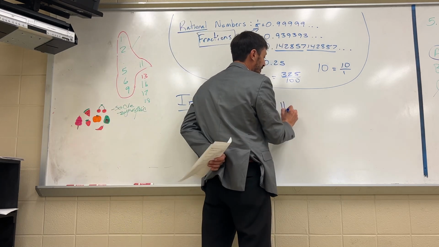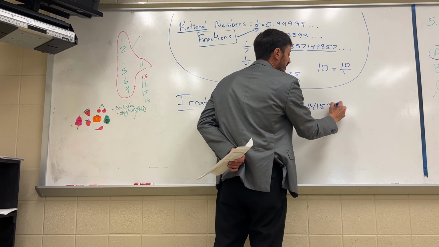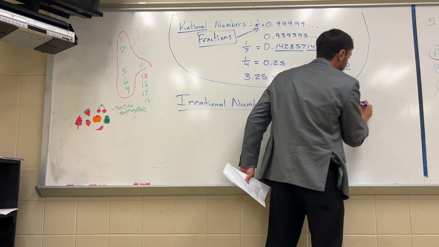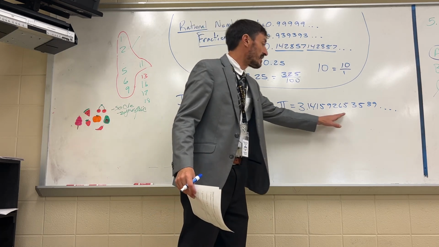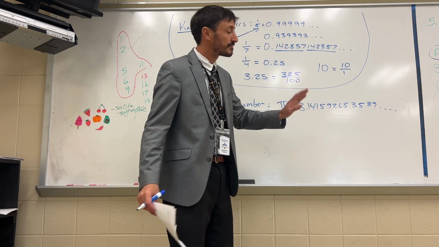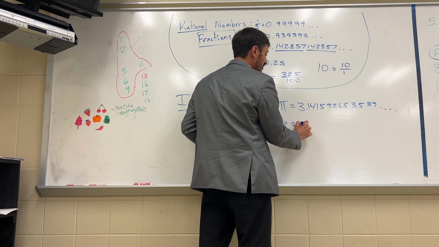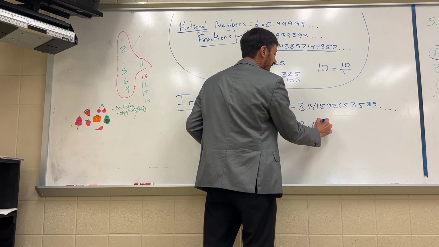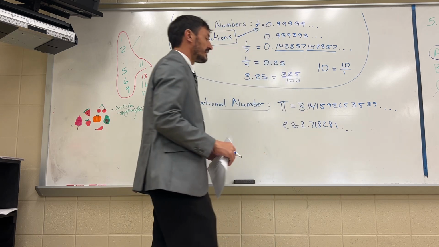Irrational numbers are numbers like pi. Numbers whose decimal is 3.141592653589. So this decimal goes on forever, but is random. Okay, so irrational numbers are numbers. E is approximately 2.718281, and on and on and on this thing goes.